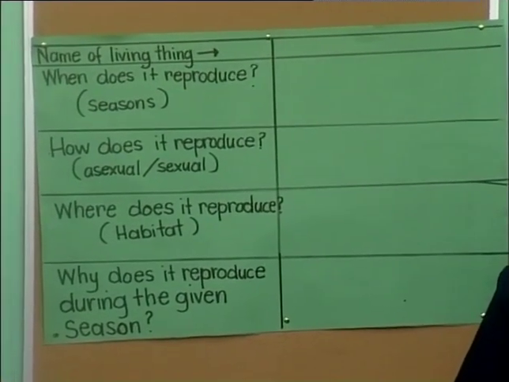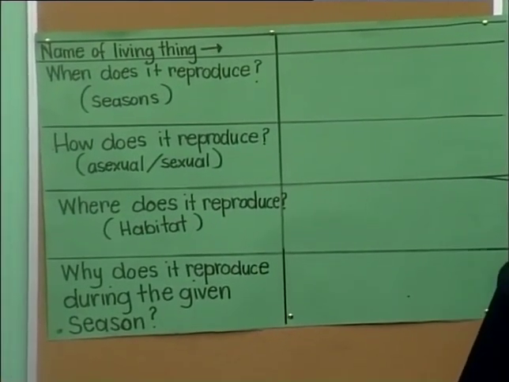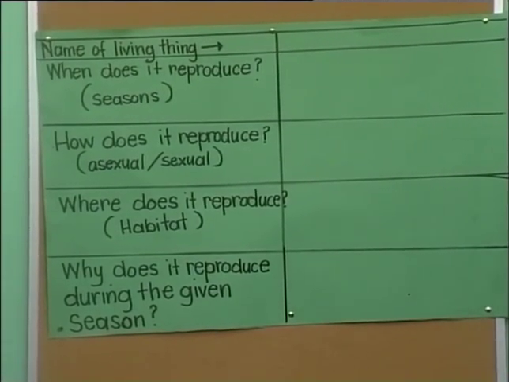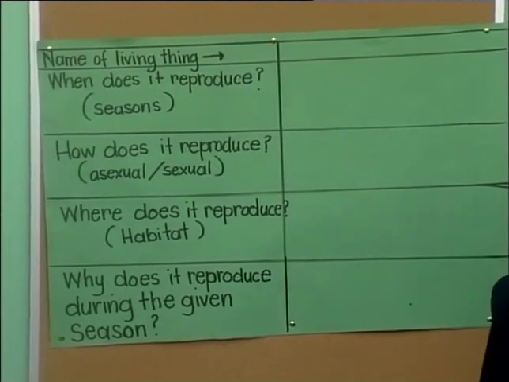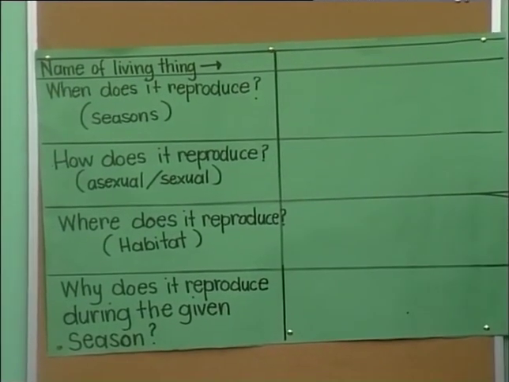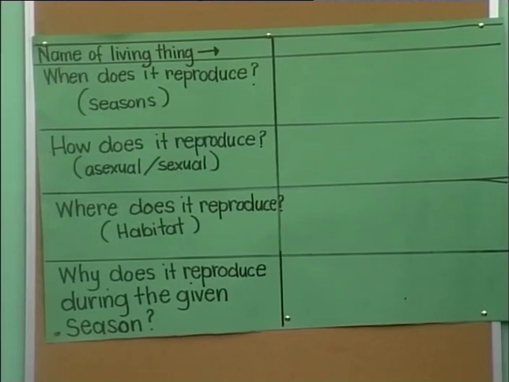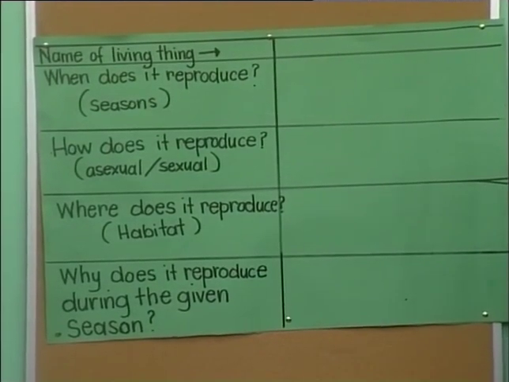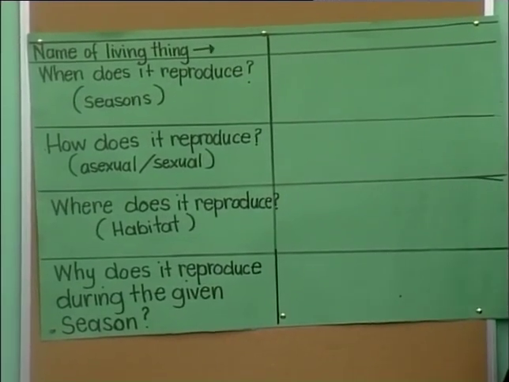I'd like you to work together as a group, discuss your answers and then have it written in your own individual worksheets. Receiving students, I hope you have taken note of it, and with the help of your teachers, I'd like you to work on whatever living things your teacher has given you to work on.